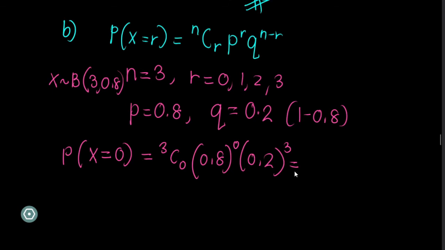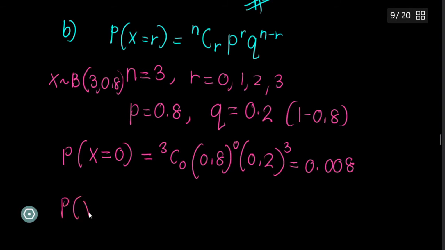Key in your calculator. 3C0 times 0.8 power of 0, usually that one is 1 lah, times 0.2 power of 3. I get 1 over 125. Or usually you can write in terms of decimal, 0.008. You can write in decimal.